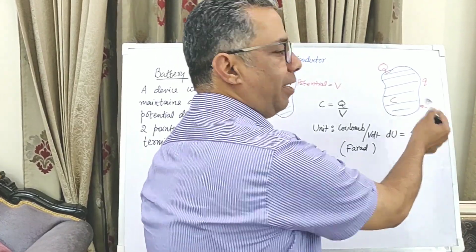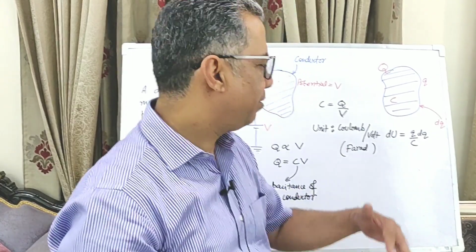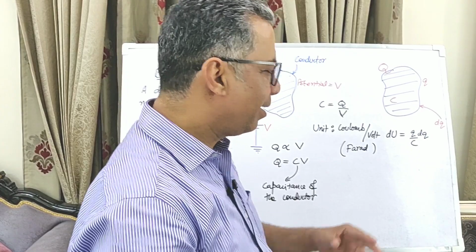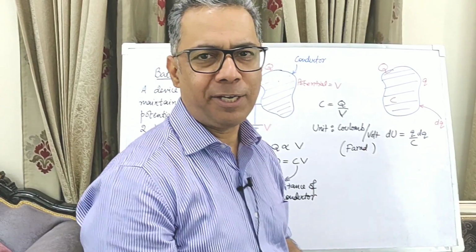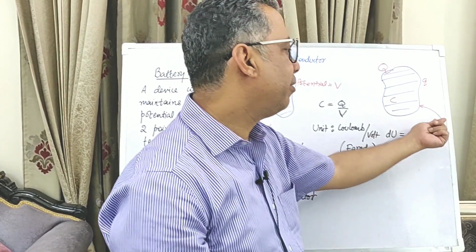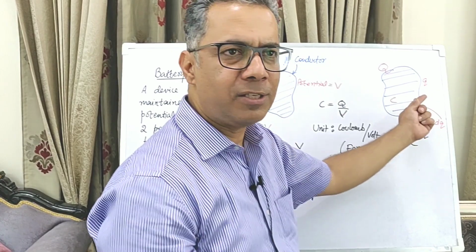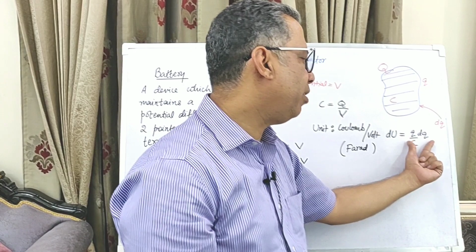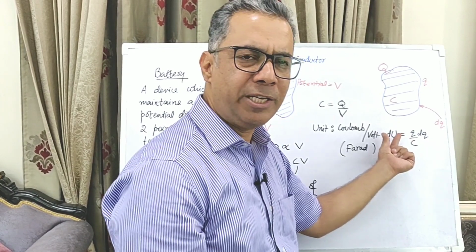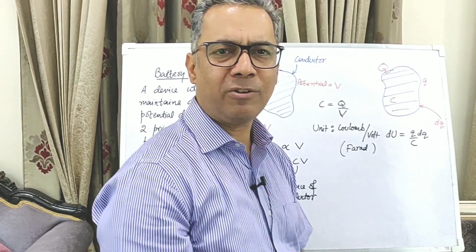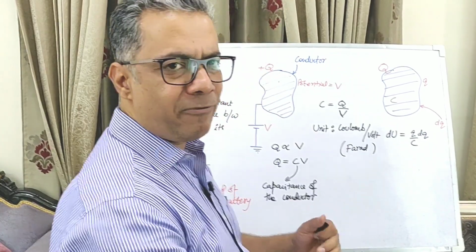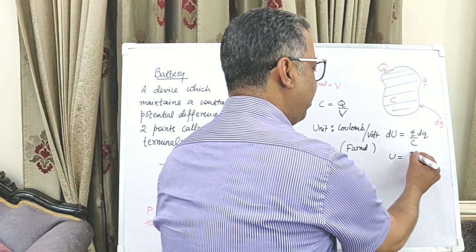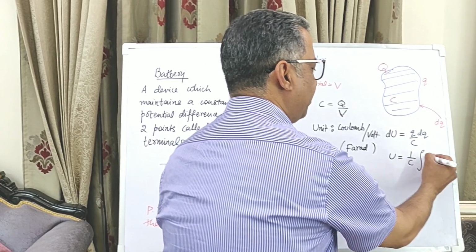Now you're probably able to recall that this is how we calculate potential energies of systems. We build up the charge on the system a little bit at a time, and in each step we calculate the change in potential energy, and then we do a summation of all those changes to get the final value of the potential energy. So potential energy here will be the integral of (1 by C) q dq.